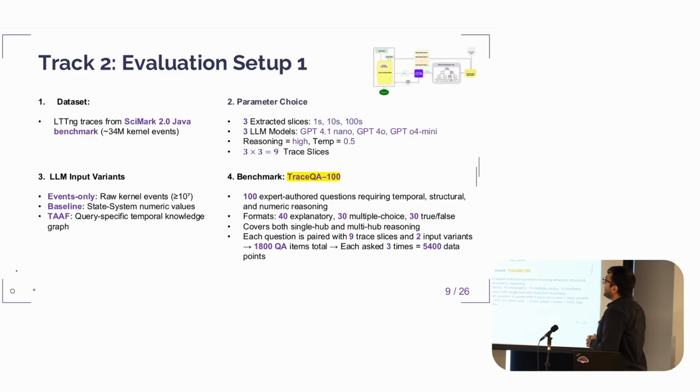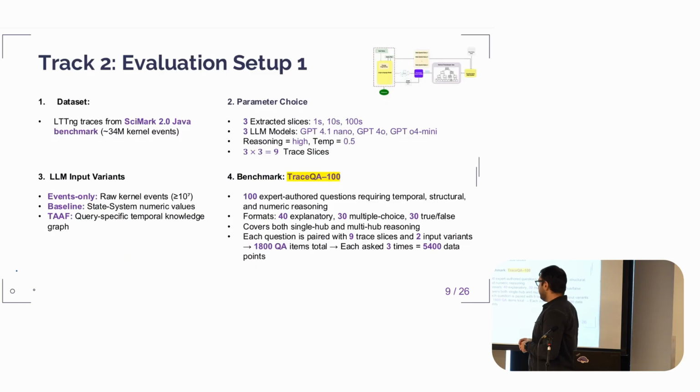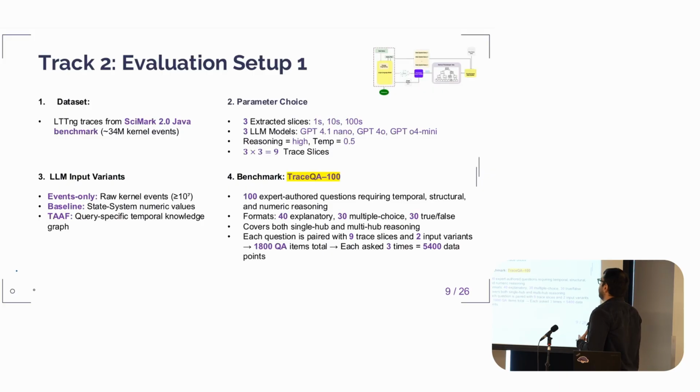That was the first track, and for the second track, we need a methodology to evaluate this framework and see how it actually works. For our dataset, we use the SciMark2 Java benchmark, which includes 34 million kernel events. We need to do some configurations.